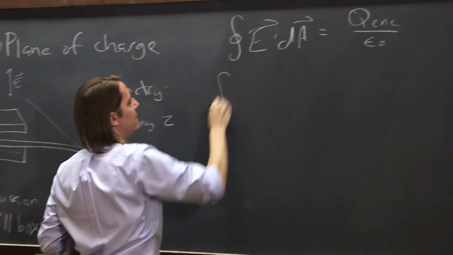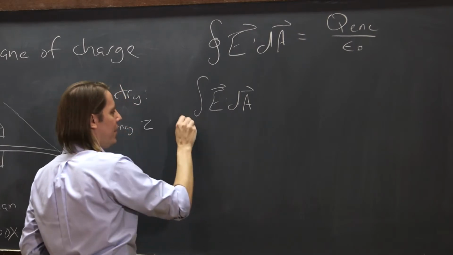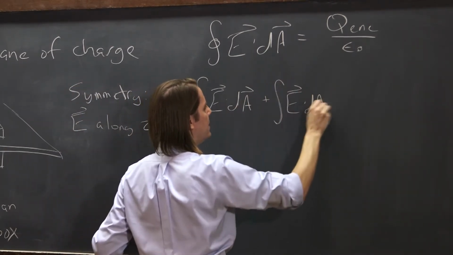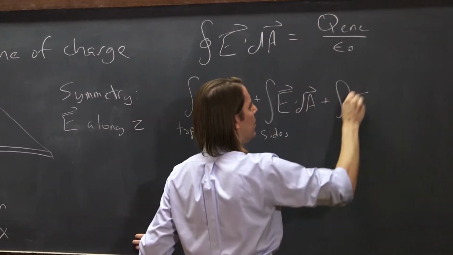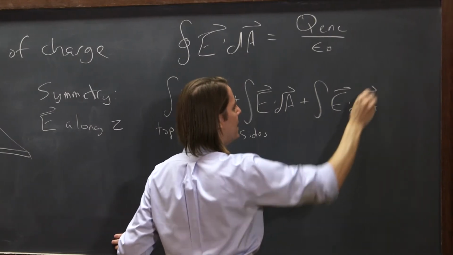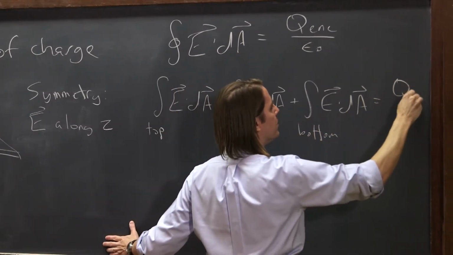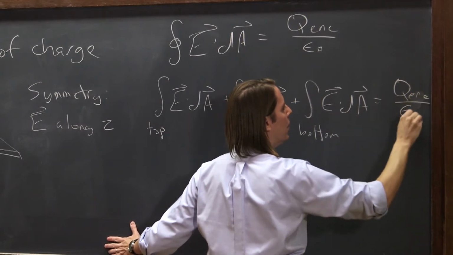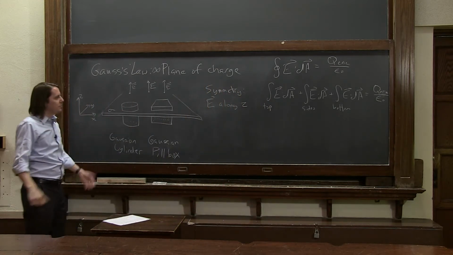So we could just say this is the integral of E dot dA of the top plus the integral of E dot dA of the sides plus the integral of E dot dA of the bottom equals the charge enclosed over epsilon naught. Okay?